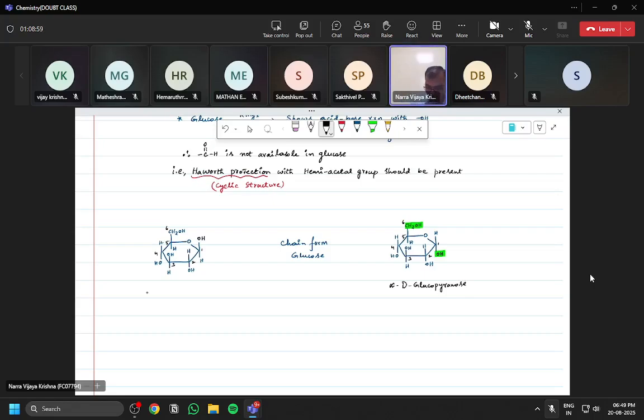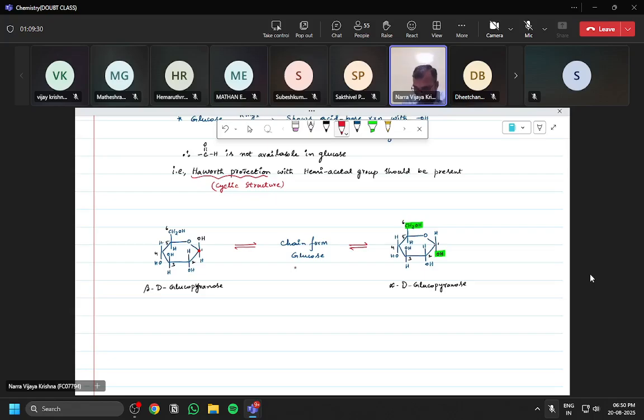This is called beta-D-glucopyranose. Alpha-D-glucopyranose and beta-D-glucopyranose are mutually interconvertible. They have a configuration difference only on the first carbon, and that's why we call them anomers.